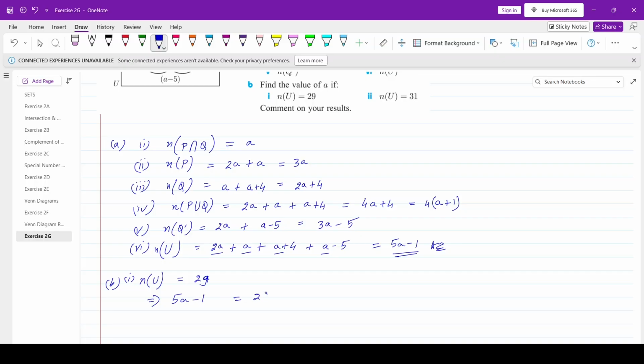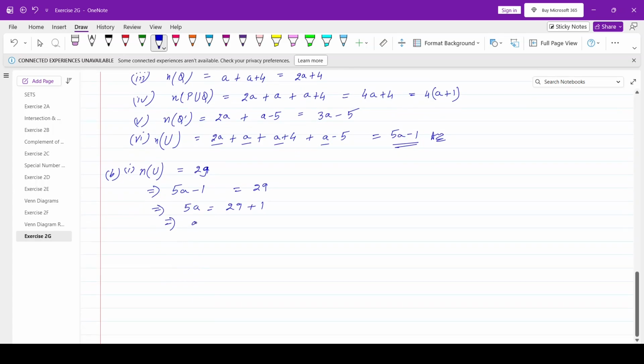This is going to be equal to 29, hence 5a is equal to 29 plus 1, and a is equal to 30 divided by 5, that is going to be 6.